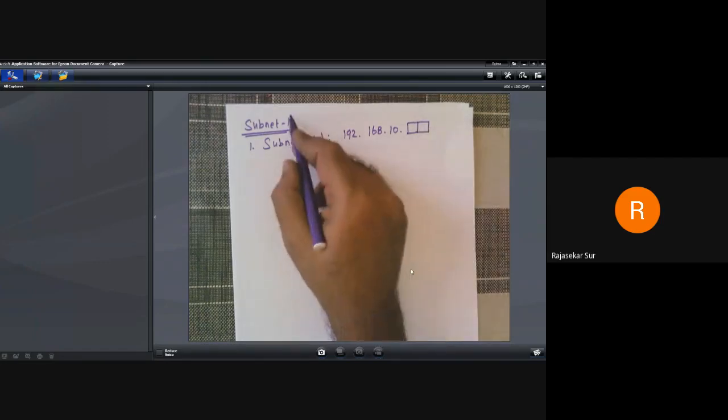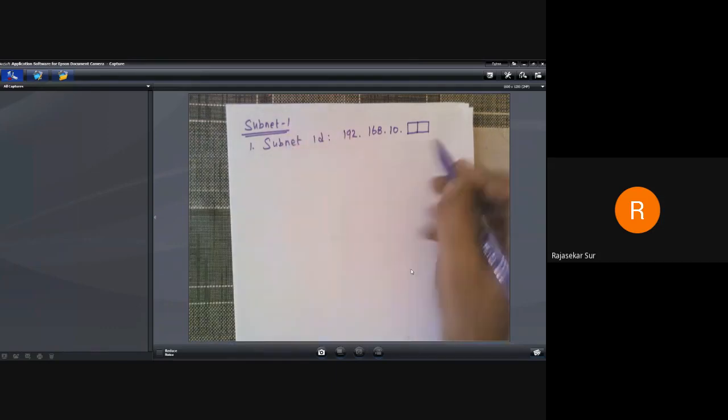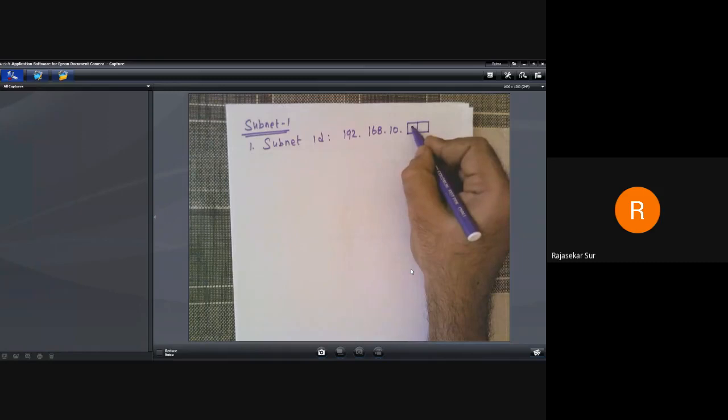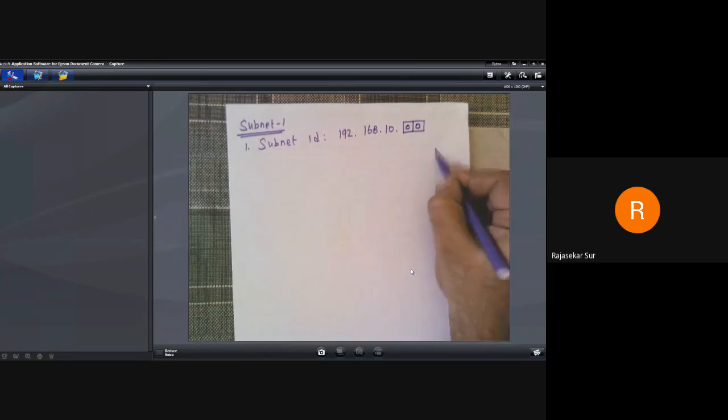It is not subnet 1 actually, it is going to be 0, because we start at 0 in computers. So now I'm going to put 0, 0. This is my first subnet. I write it here. See, 2 bits you borrow. What are the possible values? 0, 0. This is the first possibility. Second possibility is 0, 1.